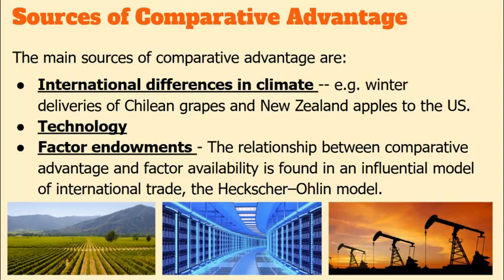And then factor endowments. This is the idea that you are just sitting on top of a giant pond of oil, in some place like Saudi Arabia or Iran or Iraq or Venezuela. And so you have factor endowments that benefit you because of where you're located and because of the resources you have. We've heard a lot in the news lately about countries and mineral rights.